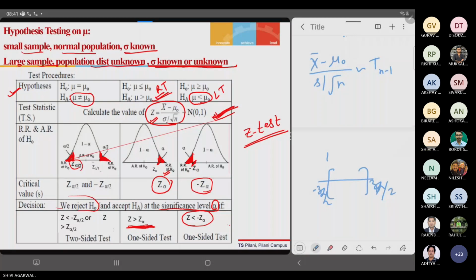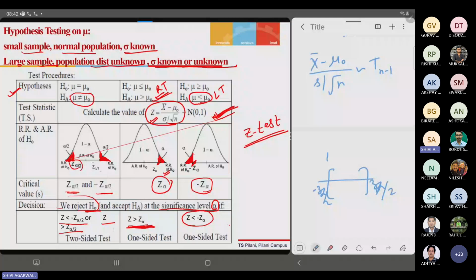So our critical values are Z alpha by 2 and minus Z alpha by 2. So these are the two rejection regions we are finding. So we reject H naught if Z is less than minus Z alpha by 2 or Z is greater than Z alpha by 2. So if our test statistic falls in the rejection region, then we reject H naught. Otherwise, we have to accept H naught.